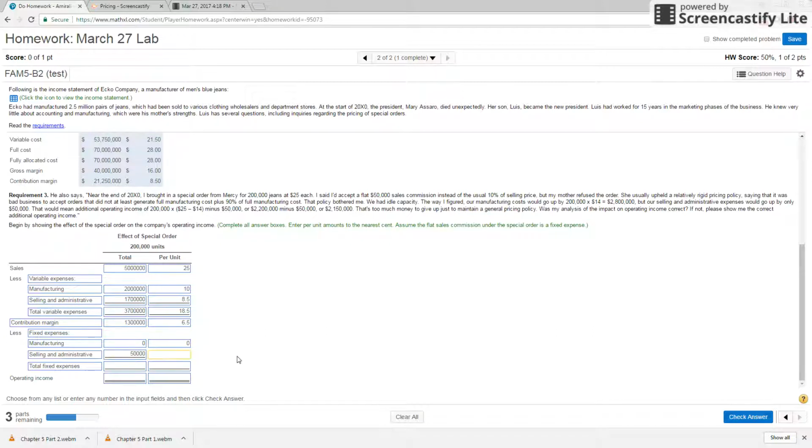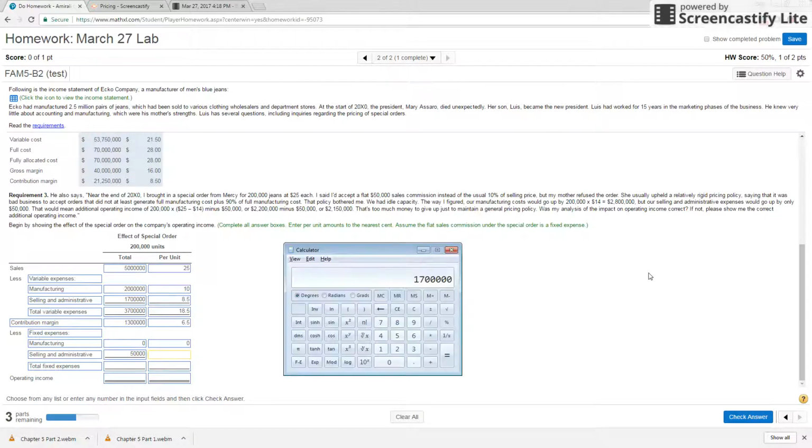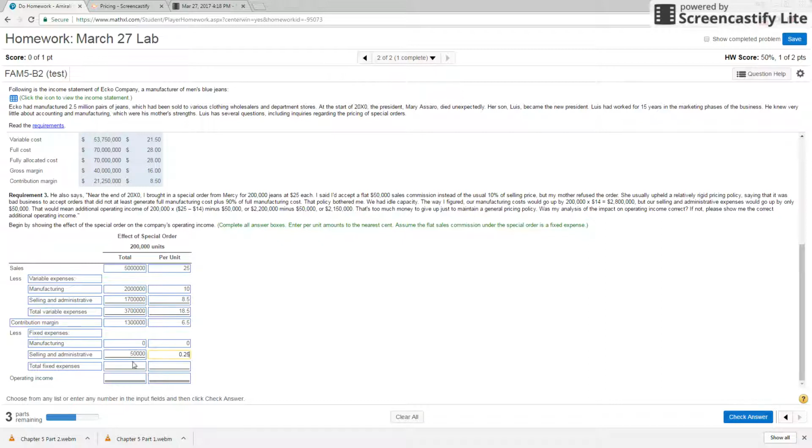So $50,000 divided by 200,000 is 25 cents. Now the total will be 50,000, and operating income will be 1,300,000 minus 50,000, which is 1,250,000.